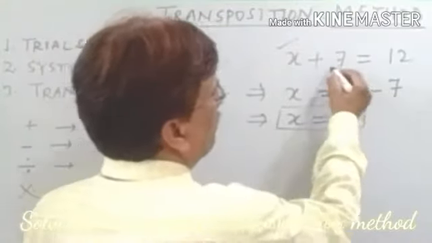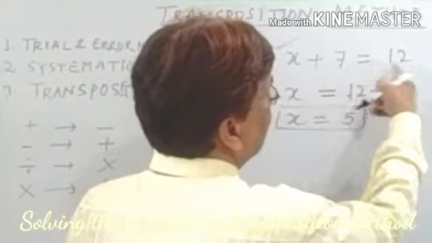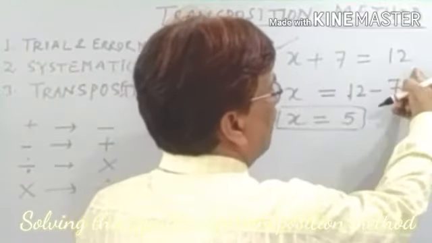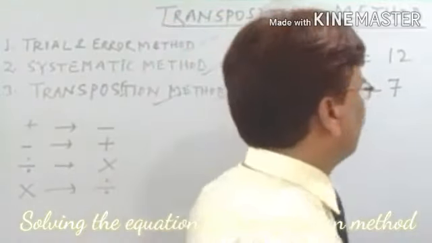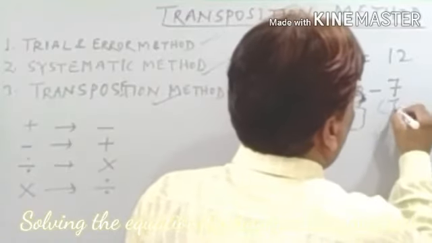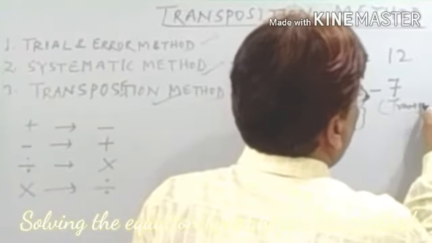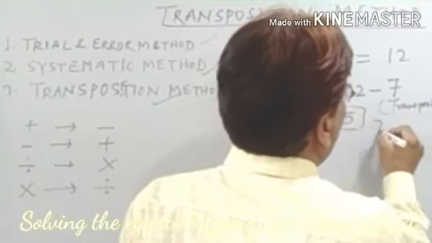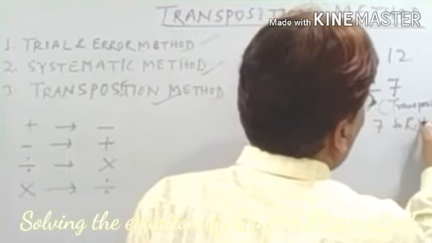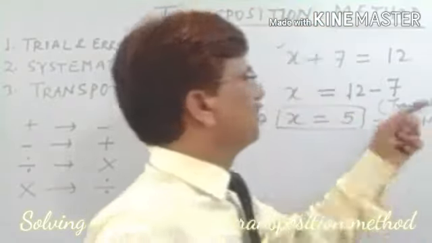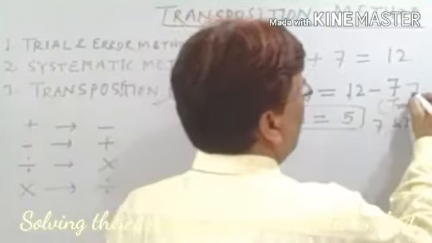Means transposing 7 to the right hand side. You can write in brackets, transposing 7 to RH side. Okay.